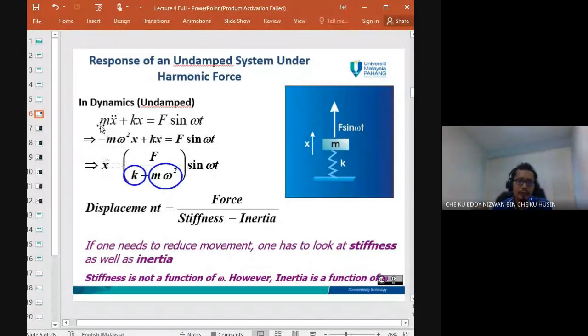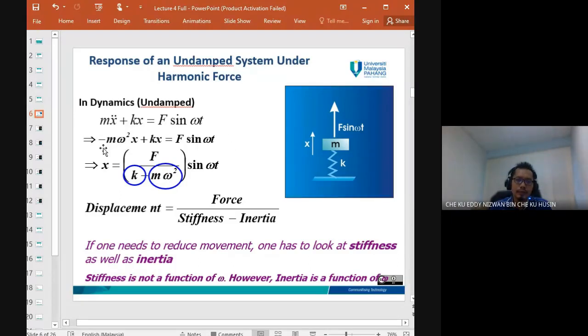And then x double prime can be represented as minus omega squared x, because after we differentiate, x is equal to sine, so x dot equals cos, and then when we differentiate cos we get minus sine. The omega squared comes from differentiating the inside of the sine function. Okay, so we get this relationship.